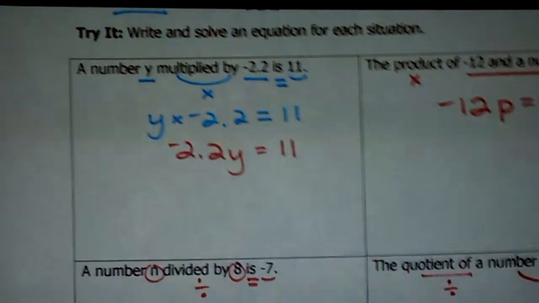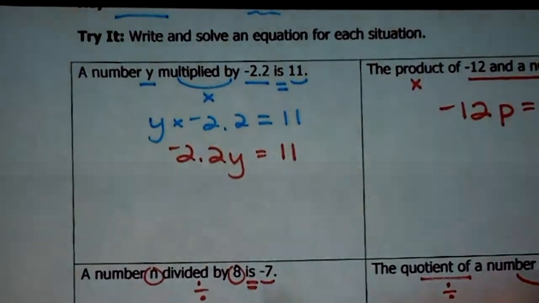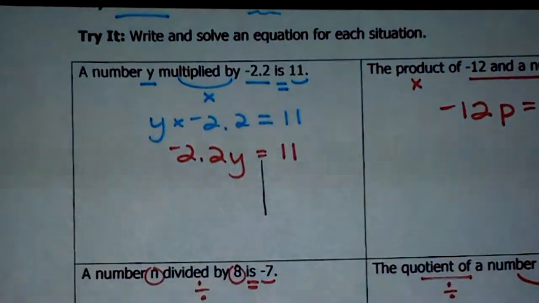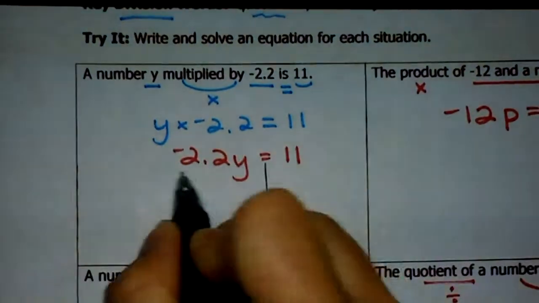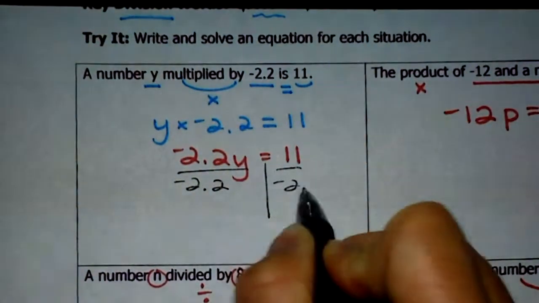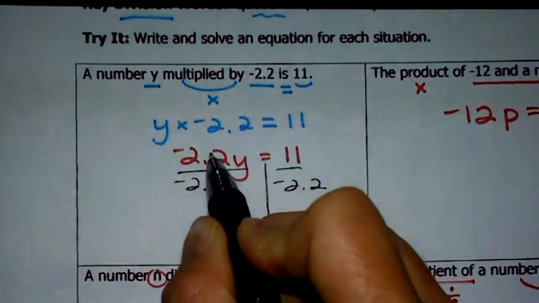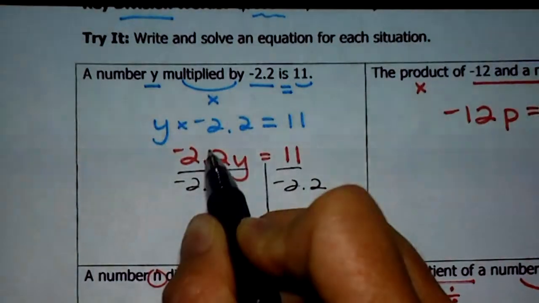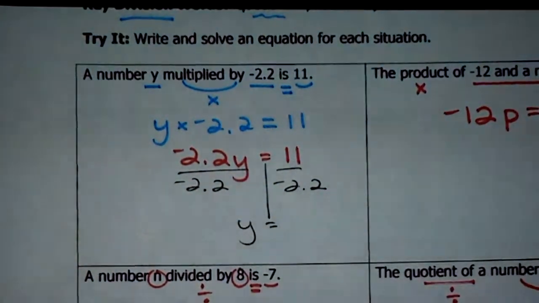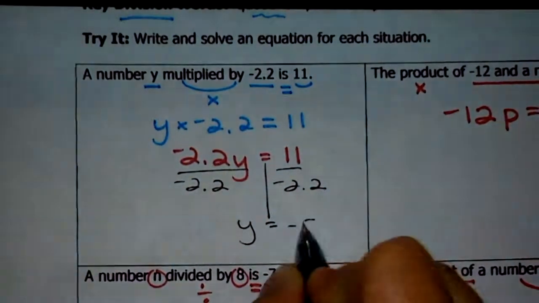All right, the first one, this is a multiplication equation. To undo it, all we need to do is divide by the number in front of the y. Divide by the coefficient. Don't change any signs. So I would divide each side by negative 2.2. Negative 2.2 divided by negative 2.2 gives me 1y, which is y. And when you take 11 and divide it by negative 2.2, you get negative 5.